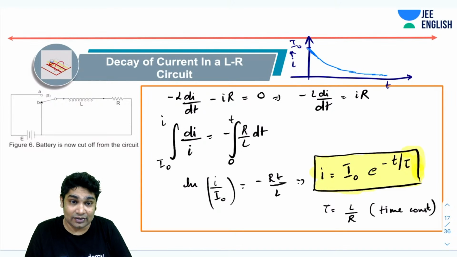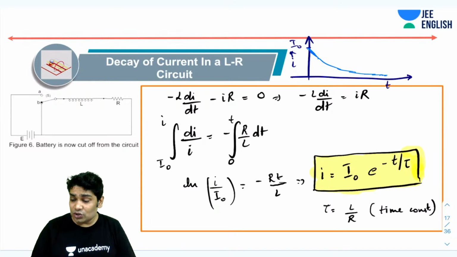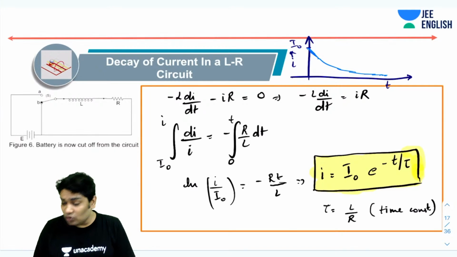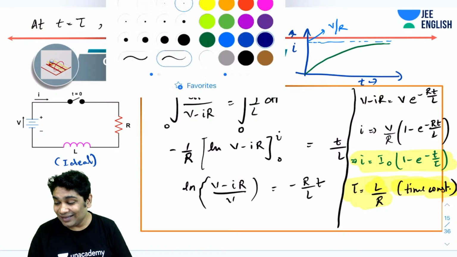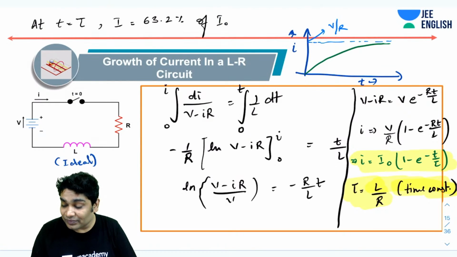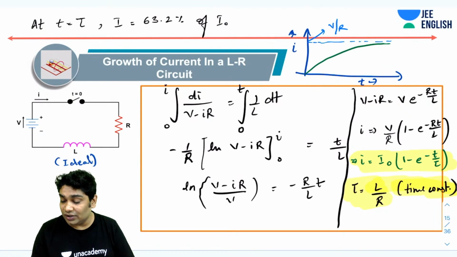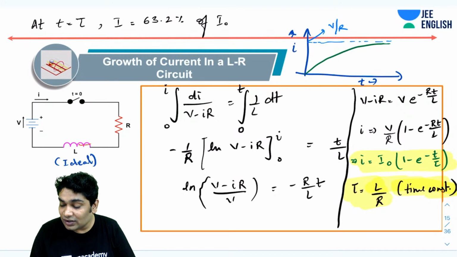in the inductor. When the current was growing, what was the magnetic field associated with the inductor? It was zero. As the current grows, there would be a magnetic field that would have become associated with this, and it would have tried to oppose this change. So a magnetic field would have gotten set up.